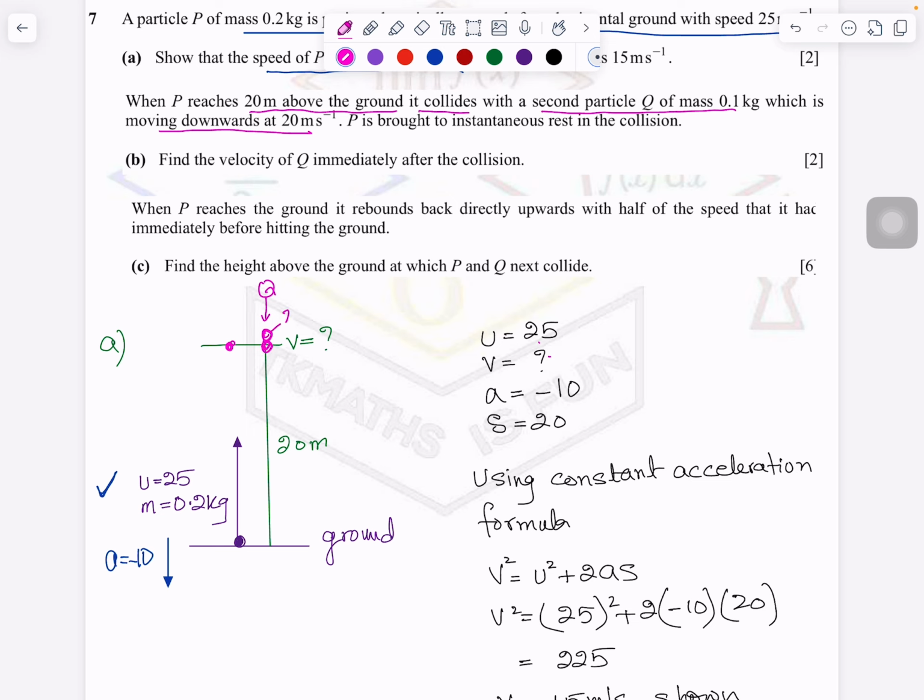Q has velocity 20 meters per second and P has velocity 15 meters per second, and there is a collision. P is brought instantaneously to rest in this collision. So after the collision, P just stopped instantaneously. Find the velocity of Q immediately after the collision.